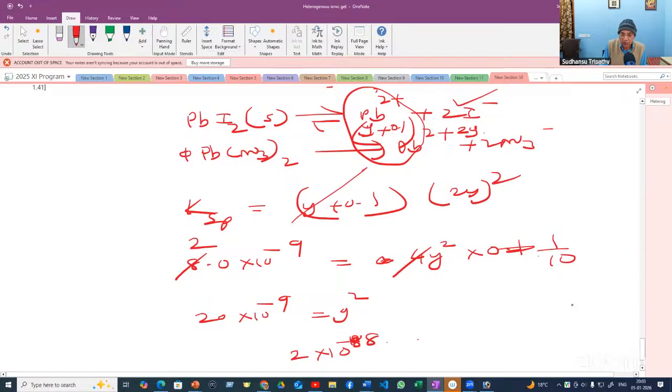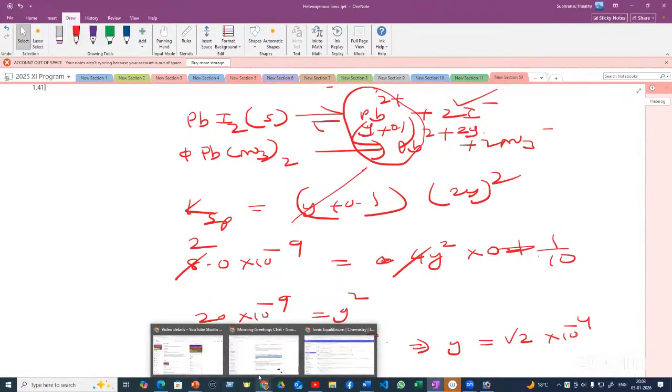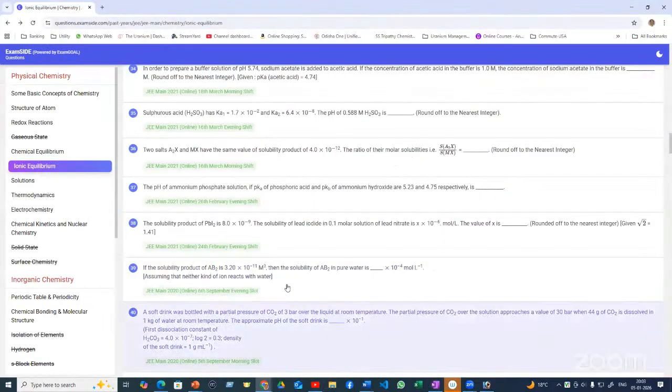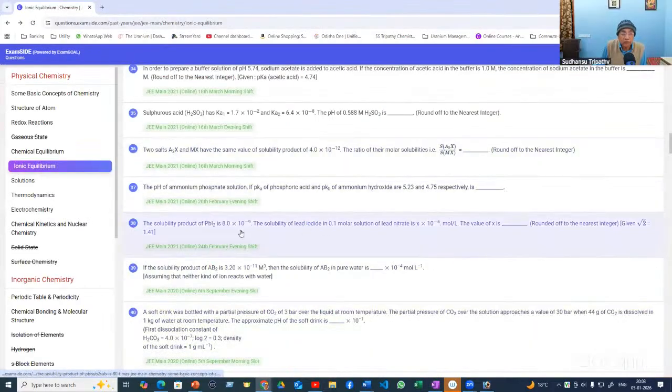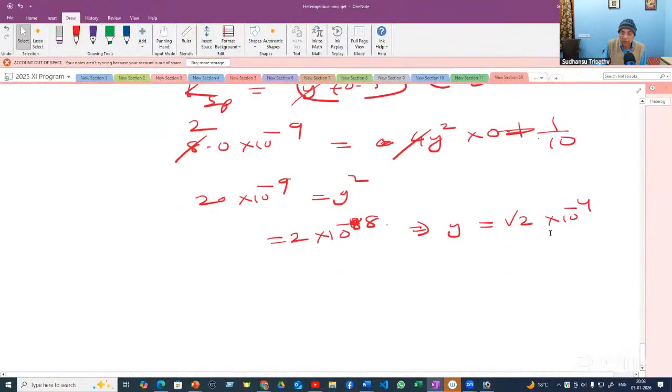So Y is equal to root 2 into 10 to the minus 4. I think the root 2 value is given. Yes, sir. Root 2 value is 1.41, simply 1.41. So 1.41 into 10 to the minus 4.